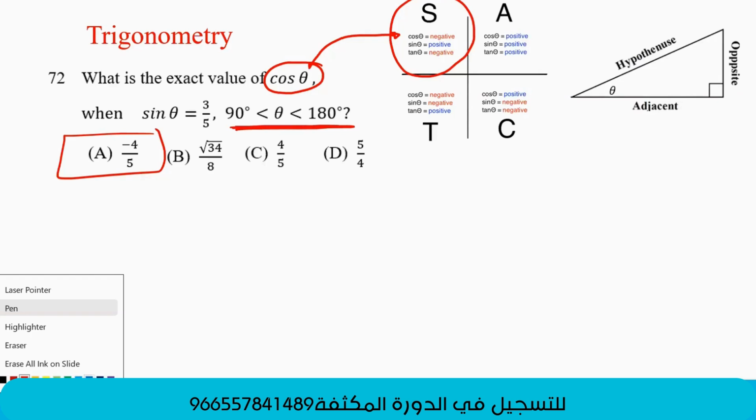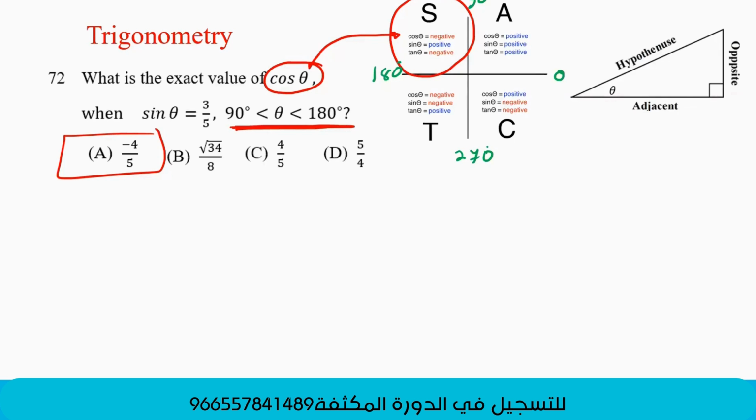The first quadrant is from 0 to 90. The second from 90 to 180. And the third from 180 to 270. Do you see how easy? If you think smart, then the test is easy. Like this one, it's going to take you just like 10 seconds.